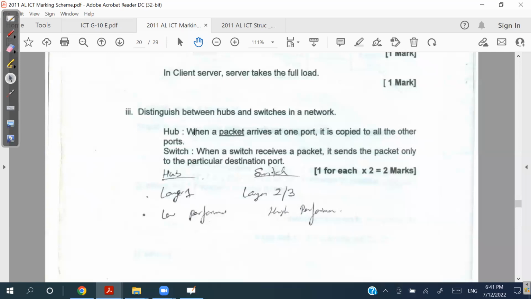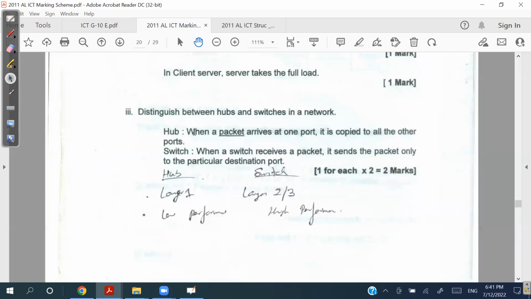That means data link and network layers. And a hub has low performance, a switch has high performance. A hub has half duplex communication, a switch has full duplex communication, right? So likewise you can argue.